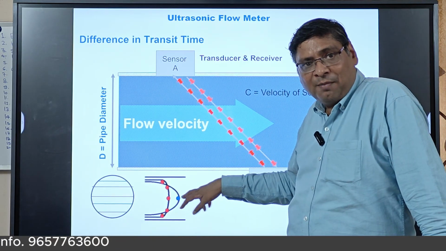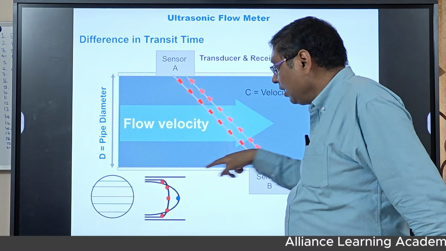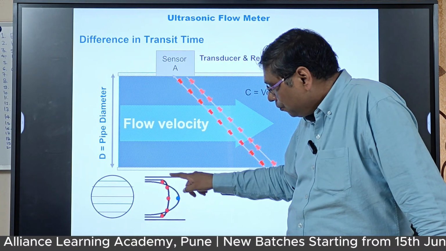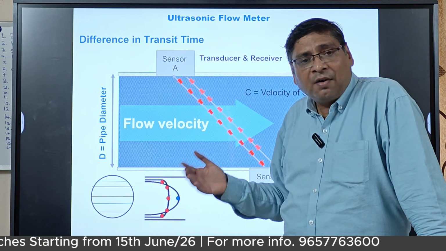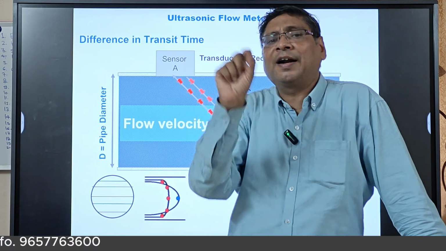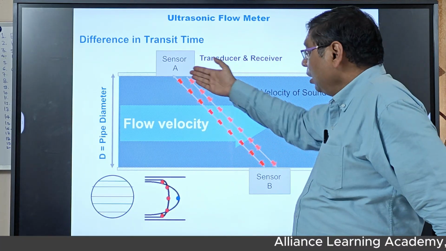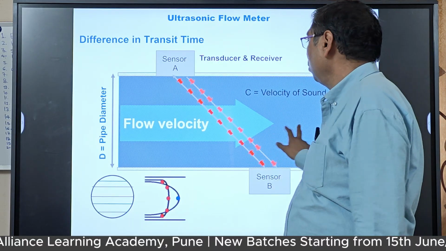But when the velocity is changing and I want more accuracy, I increase the number of paths. Here you see 1, 2, 3, 4. So we take V1, V2, V3 and get the mean of that. We use more sensors to increase the accuracy of ultrasonic flow meters.